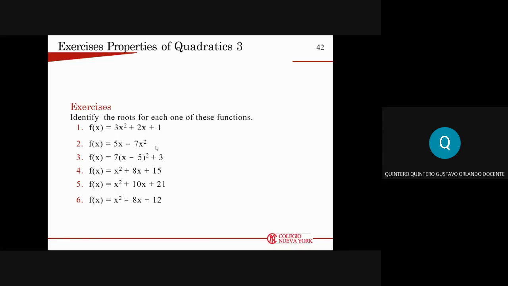Don't worry. We're going to do this later during the class. And you already solved some of this. How do I know? Because in the past, you solved equations with quadratic functions, right? You used the quadratic formula. So you kind of know how to do this. This is not new. All right, let's continue.